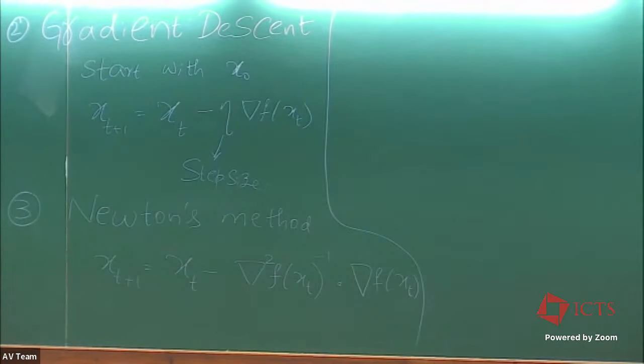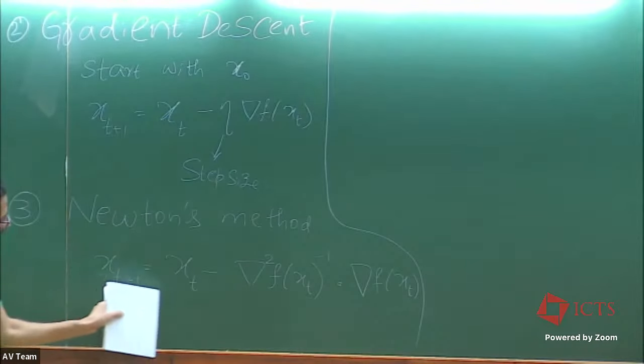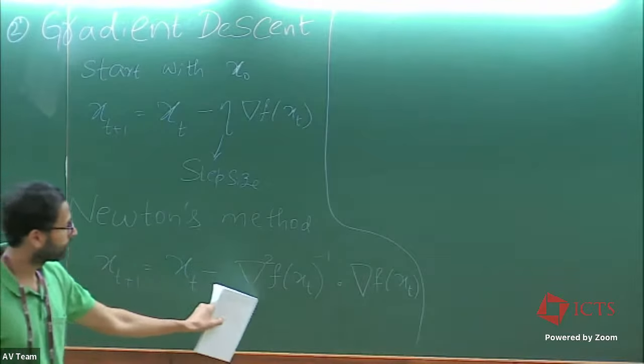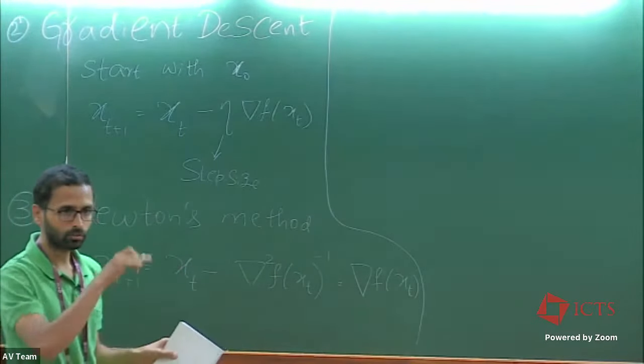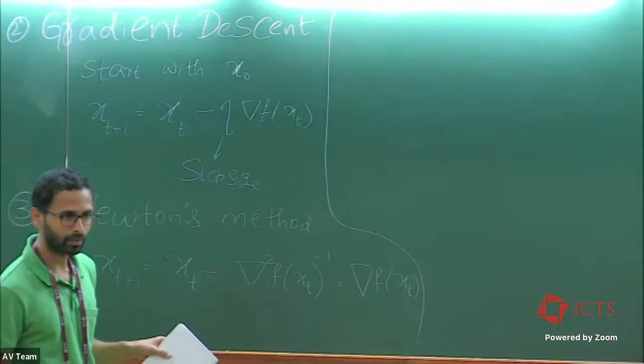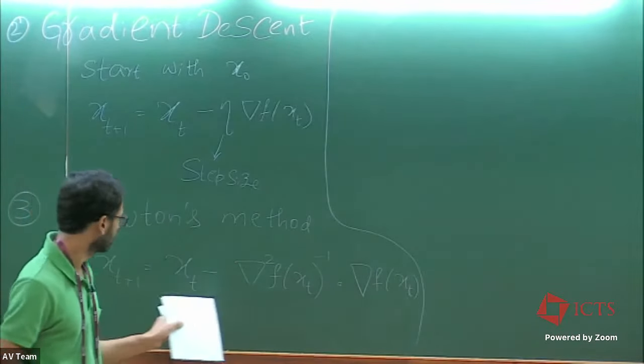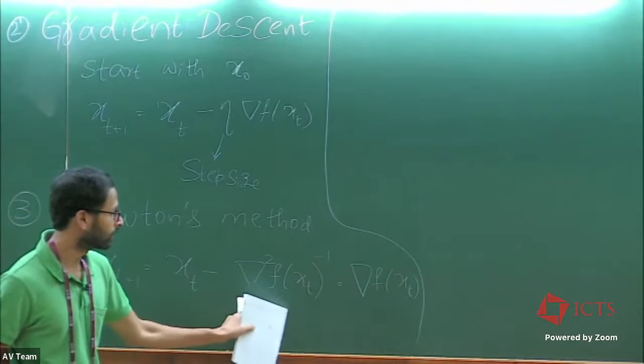So we get both the gradient as well as the Hessian, which is the second derivative. And xt plus 1 is set to be xt minus the Hessian inverse times the gradient. Hessian is a square symmetric matrix.